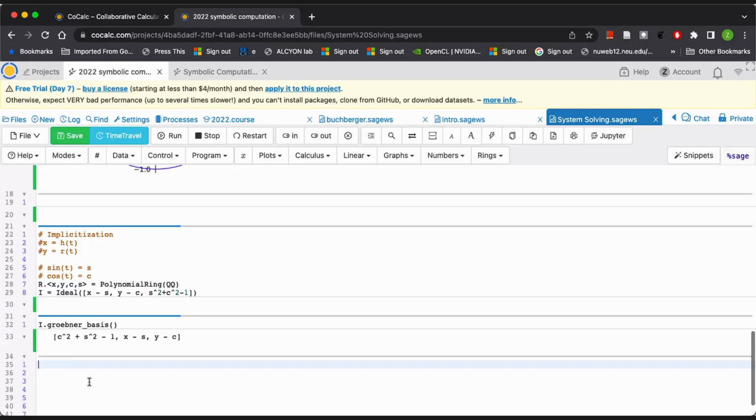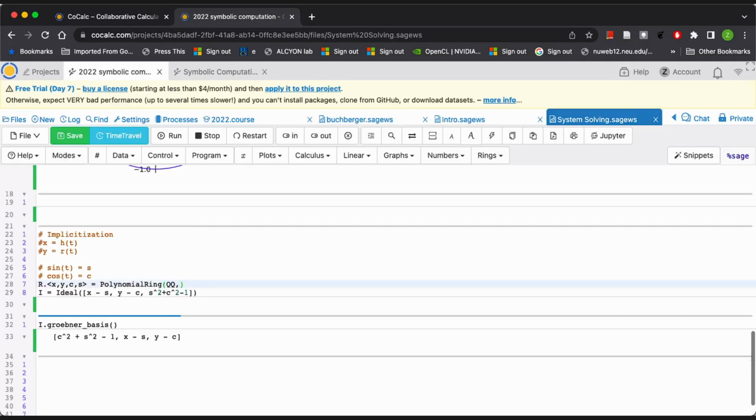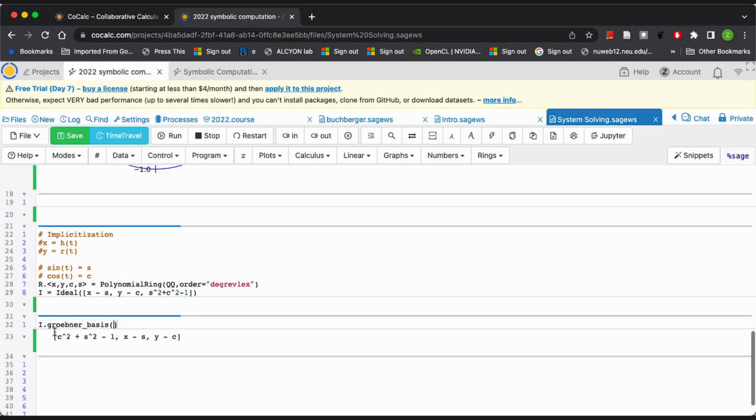So we have a Gröbner basis with respect to the lexicographic ordering. By the way, remember, we can say order, and I will give the degrevlex. Let's see if this will be a different Gröbner basis. Actually, it is the same for this ideal. In general, it could be a different one.